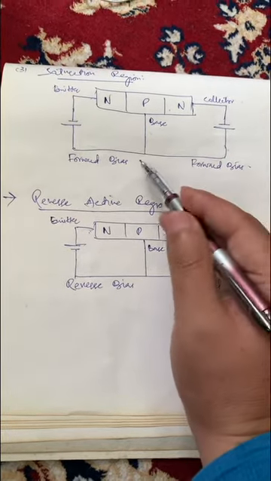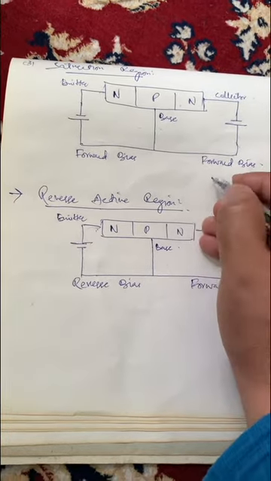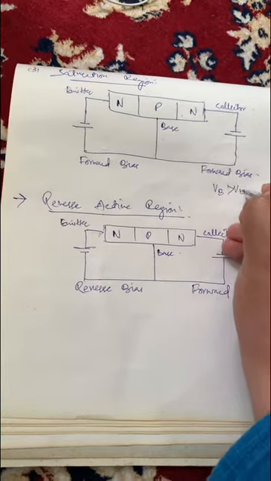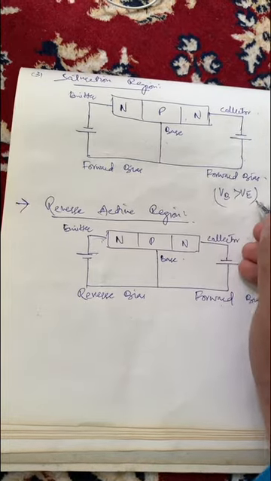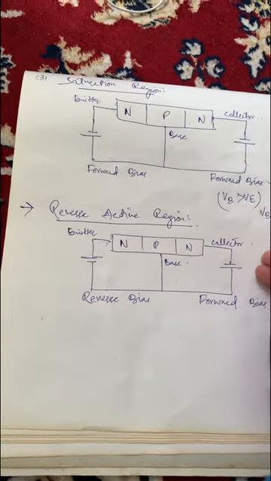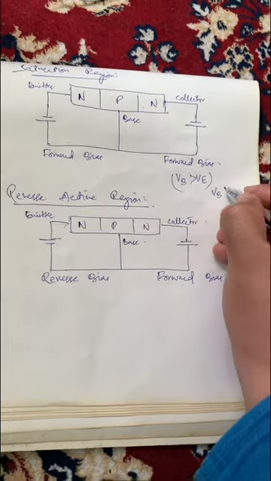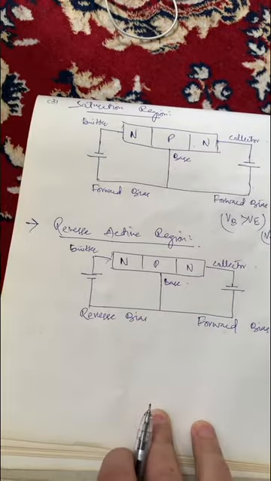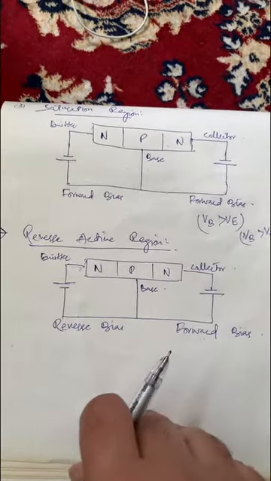That means in this region of operation, the base voltage is greater than emitter voltage, and at the same time this base voltage is also greater than the collector voltage. So these are the three regions of operation in case of BJT.